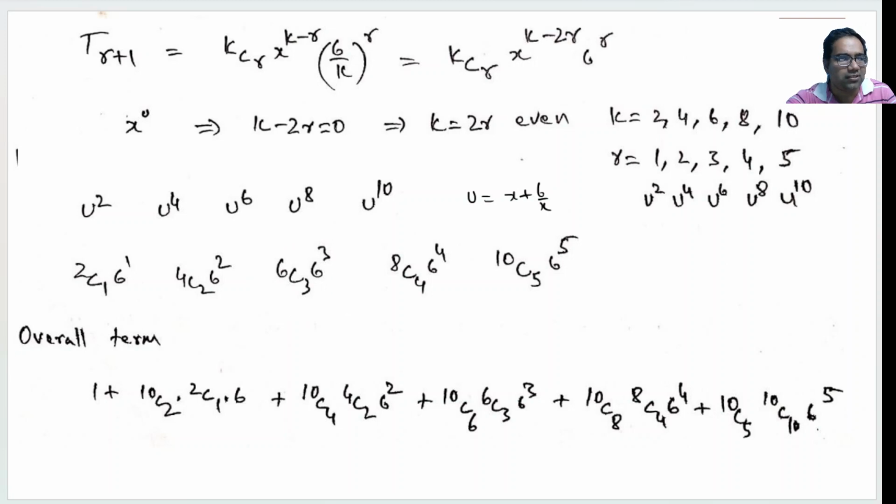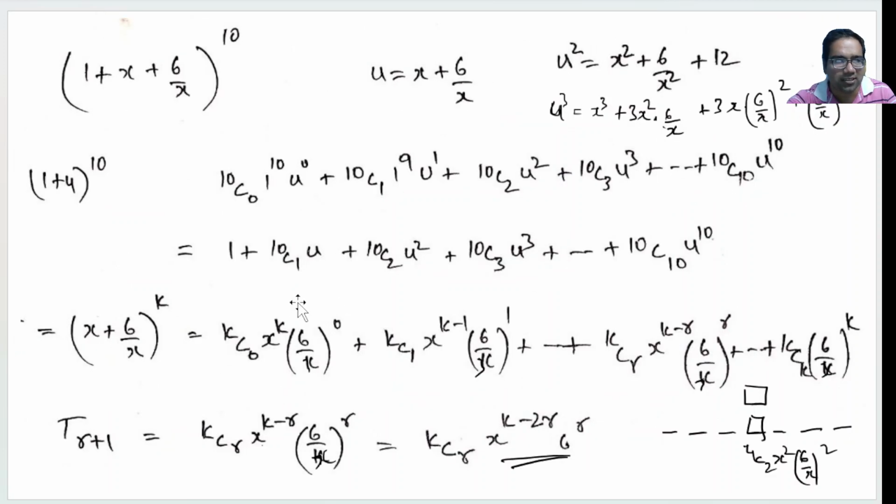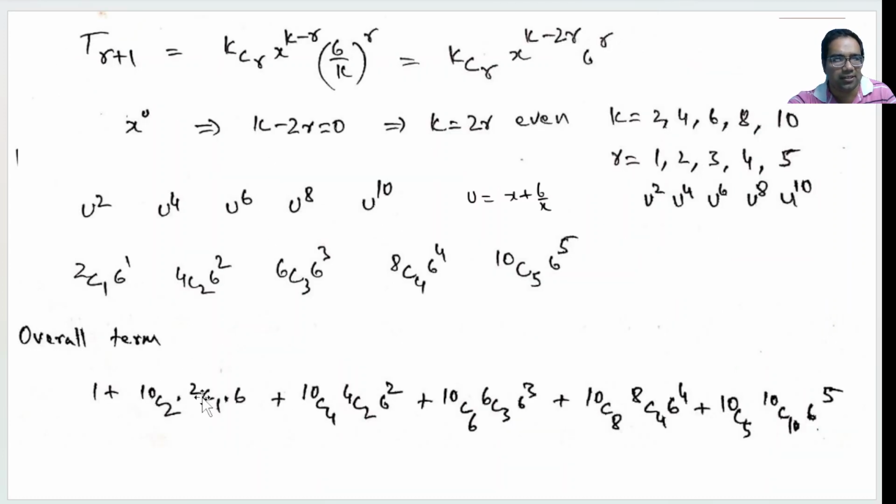But now what is our overall term? It is not just this term, not just u or u square. U square has a term which is independent of x, but the overall term is 10C2 into u square. Overall term is 10C2 into that independent term.